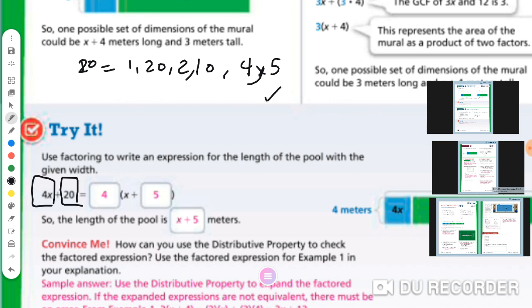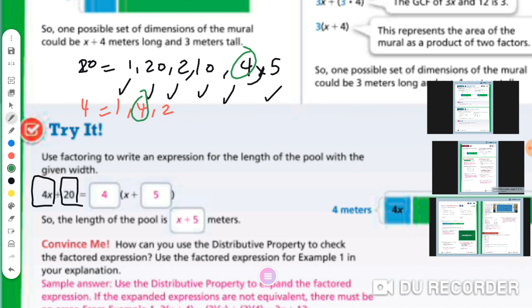That's it. So 20 has 6 factors. What about 4? 4 equals 1 times 4 and 2 times 2. We don't repeat the repeated number, we just write one of them, which is 2. What is the highest common factor? Actually, it's 4. So we will take 4 out.